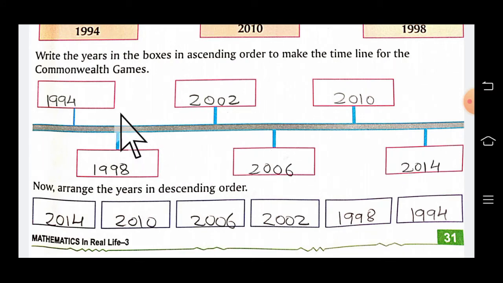Like this ascending order: 1994, then 1998, then 2002, then 2006, then 2010, and the last is 2014.